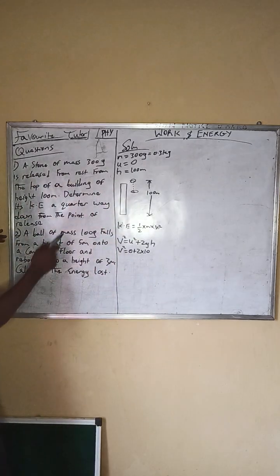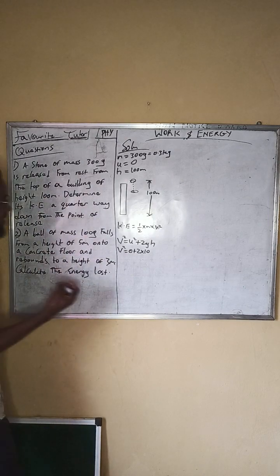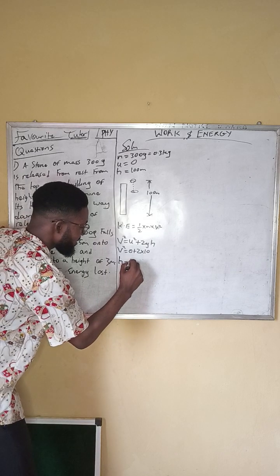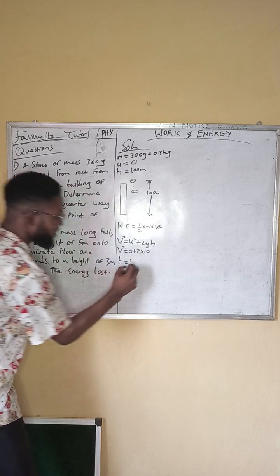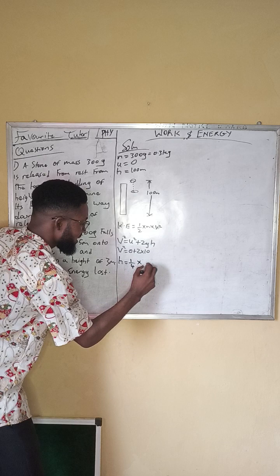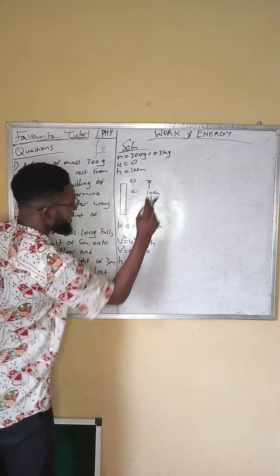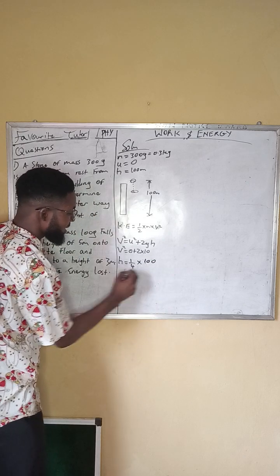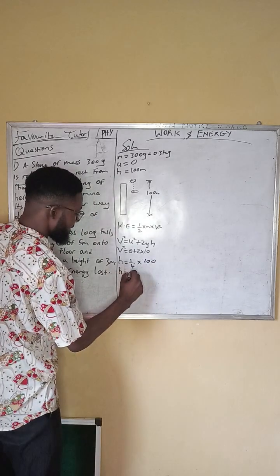From the statement, it says quarter way. Quarter is 1 over 4 times the height of the tower, which is 100.